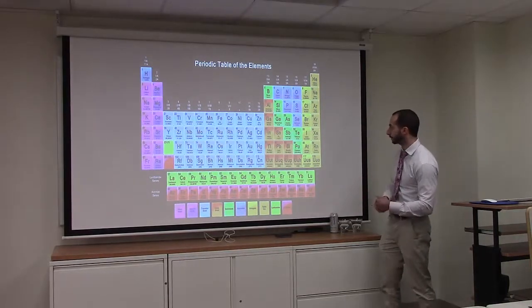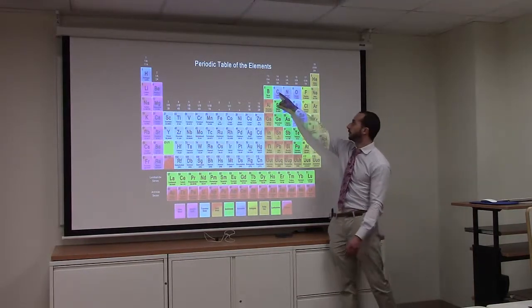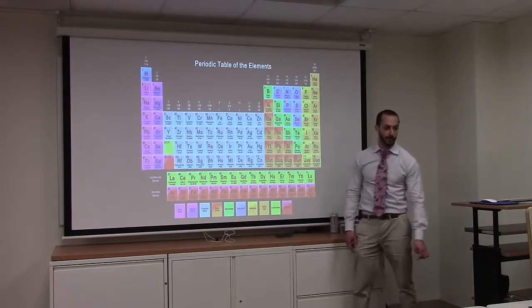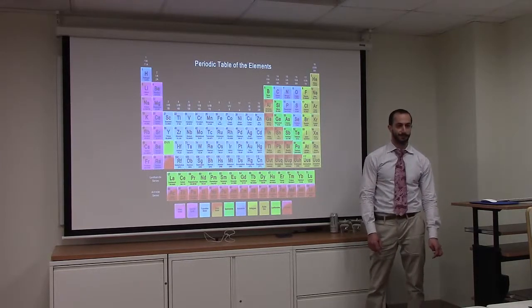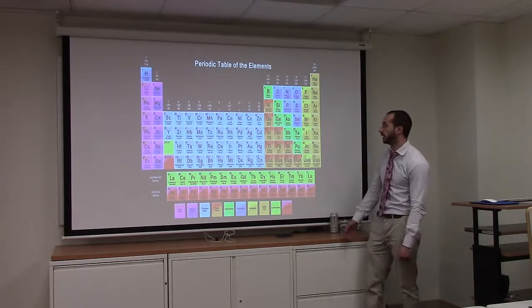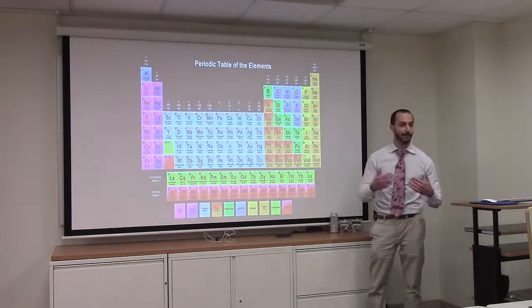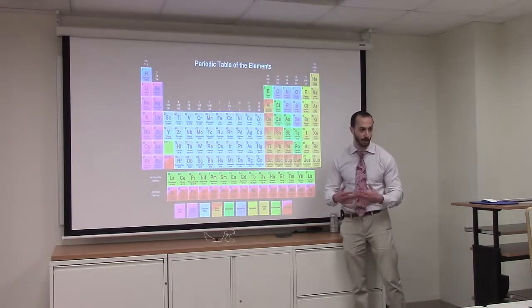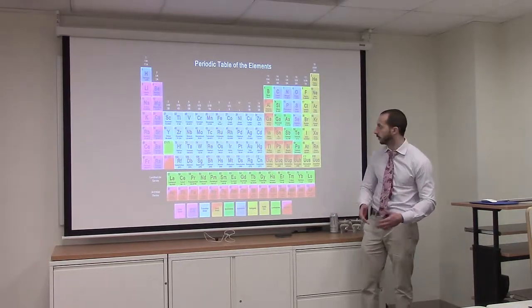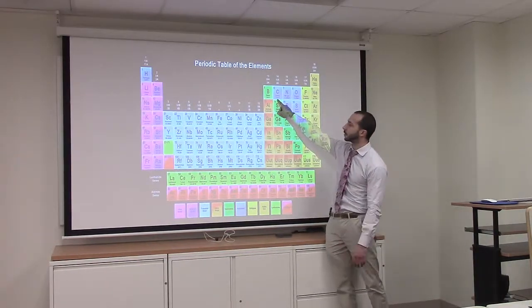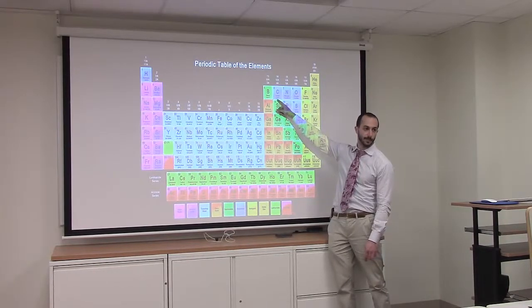So this number here, do you guys know what that number refers to? The number of protons in the nucleus of the atom. Okay, so I'm just throwing these jargony terms out so that when I say them, we all know what we're talking about. Do you know what this number means? The atomic weight.